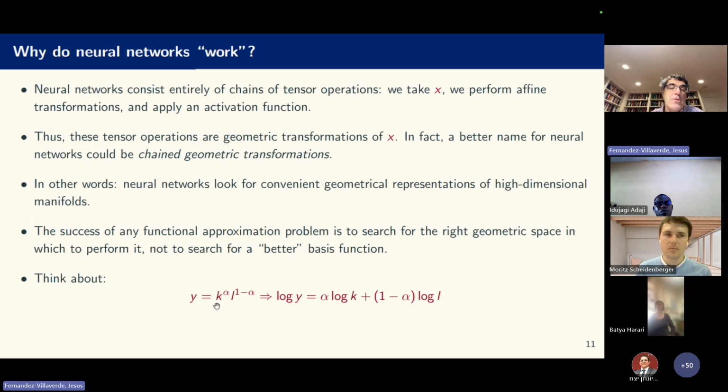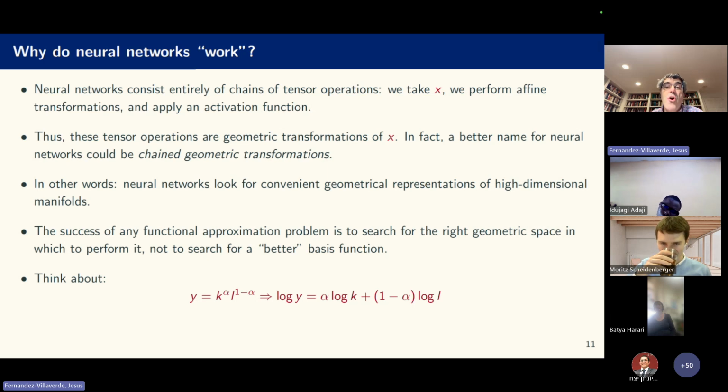Let me give you a very simple example that you already know in economics. Imagine that you want to approximate a Cobb-Douglas production function like this one that depends on capital and labor. We all know that in levels, approximating this function is difficult. However, in logs, it's surprisingly easy. What have we done over here? We have moved the representation from being in levels to being in logs. In general, we don't know how to do this.